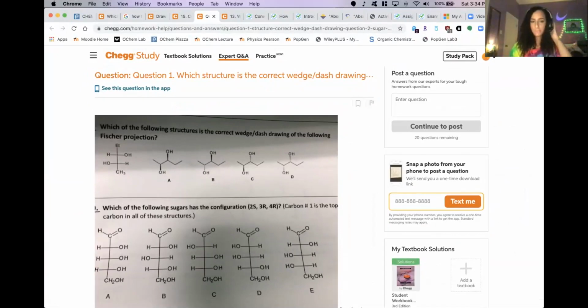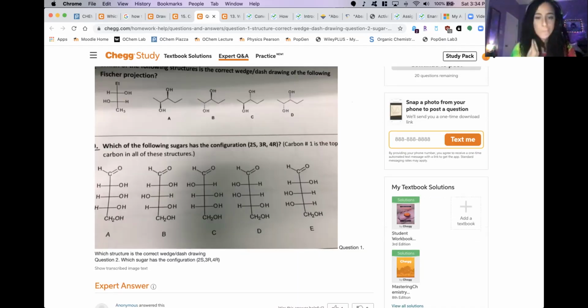Okay, so would that be the one that they have showing, because the OH is on the other side, would that be an isomer? Well, you're trying to draw this as one of these. You're not doing any stereochemistry yet. Okay, cool. So, okay, I'm going to table that one. Maybe we can try this one.